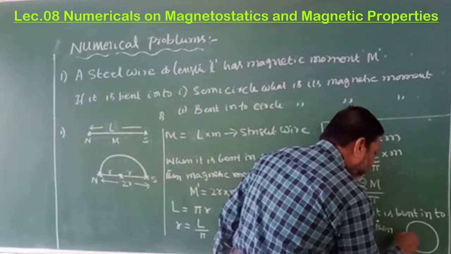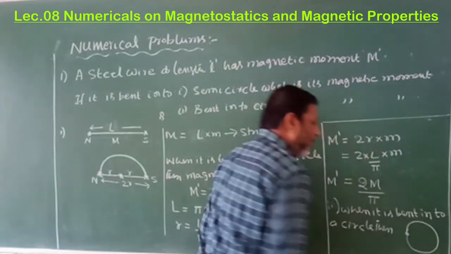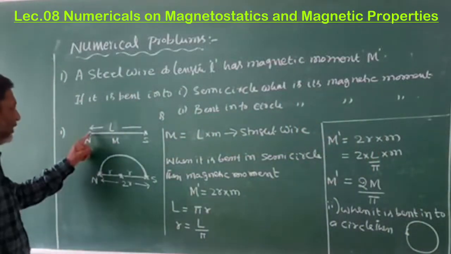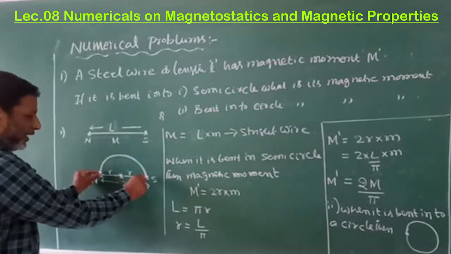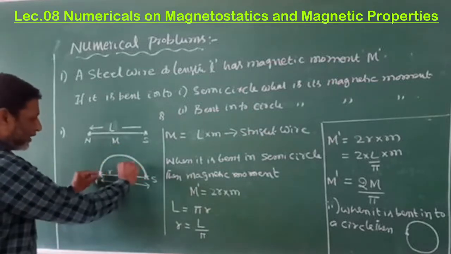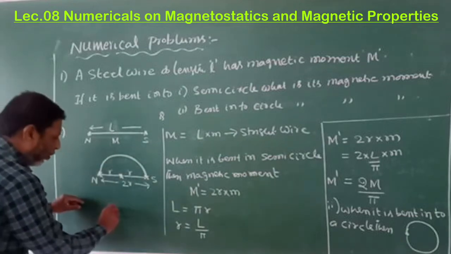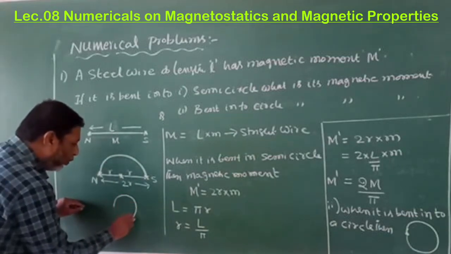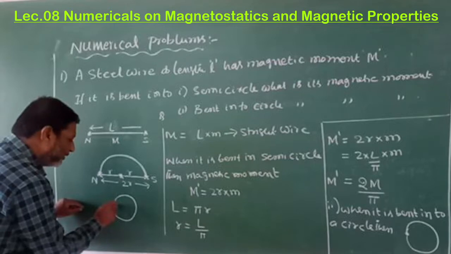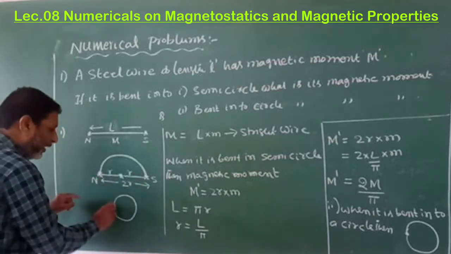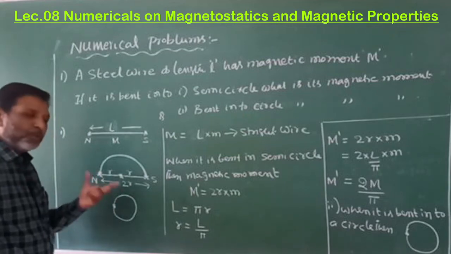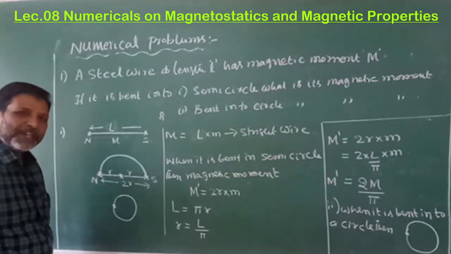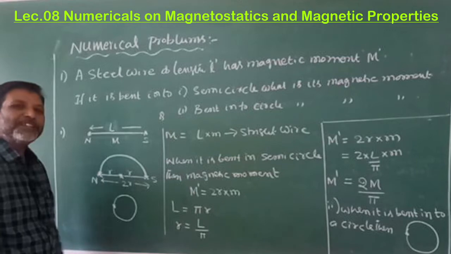Like this, correct? Now, when it is bent in the form of a semicircle, it becomes like this, isn't it? When it is bent in the form of a circle, the two poles will coincide. That is, the north pole and south pole will coincide, so the distance between the two poles is 0. Hence, the magnetic moment is 0.